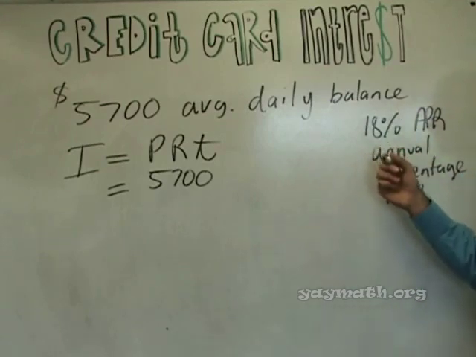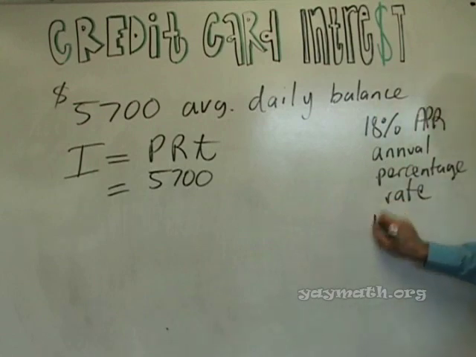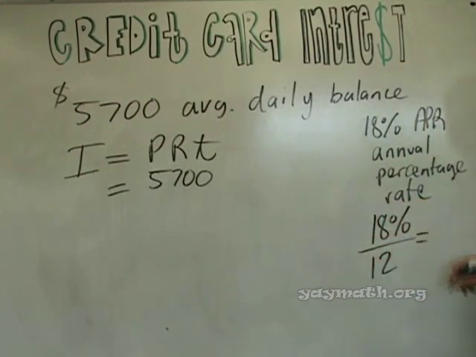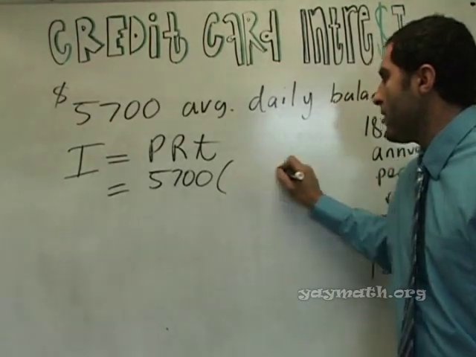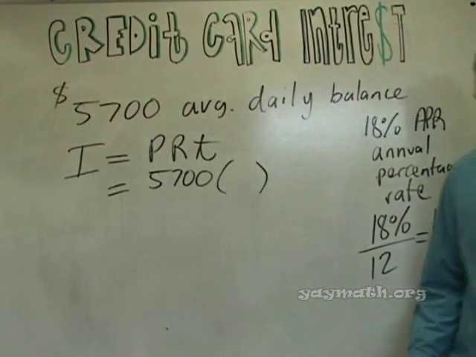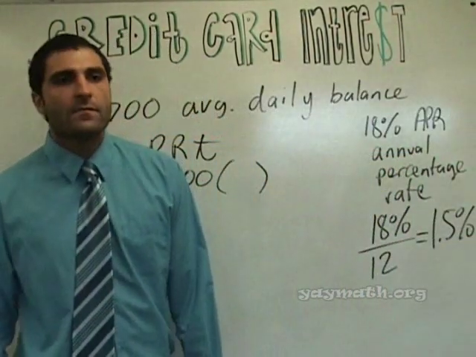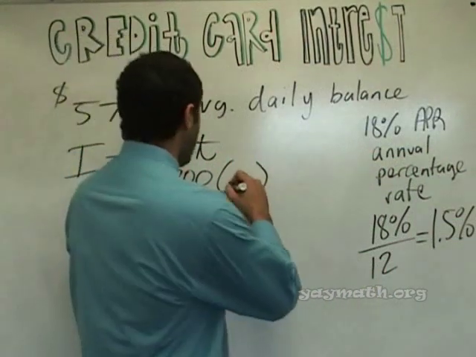So we have to do this for 1 month. The way to do this is 18% divided by 12 becomes 1.5%. Now this rate for 1 month, what would 1.5% be in decimal form? 0.015.